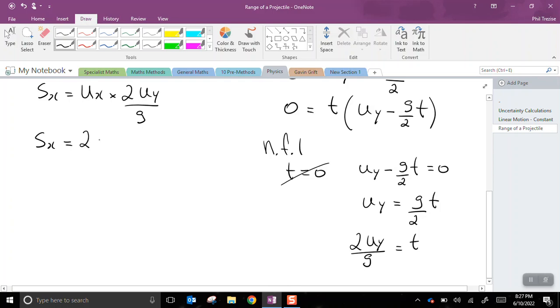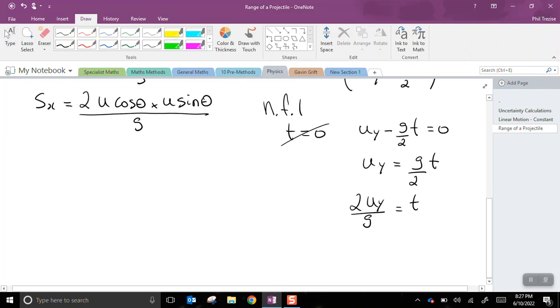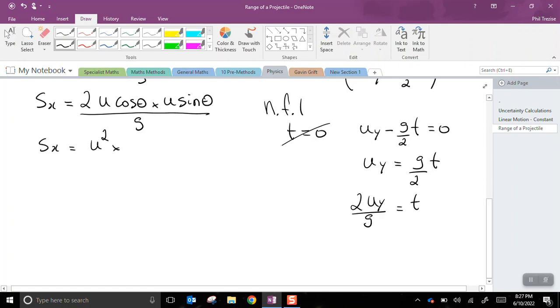Now, what was ux? That was u multiplied by cosine of theta. And what was uy? That was u by the sine of theta. Still divided by g. So I'll write this a little bit more neatly now. That would be u squared multiplied by 2 times the sine of theta times the cosine of theta over g.